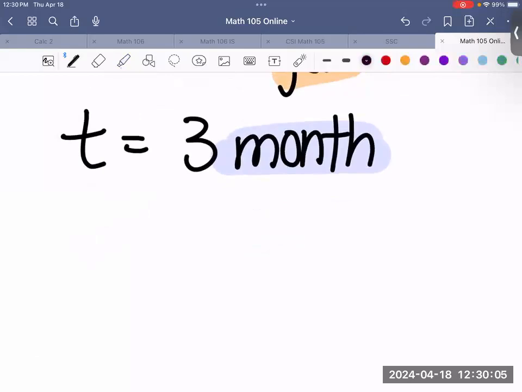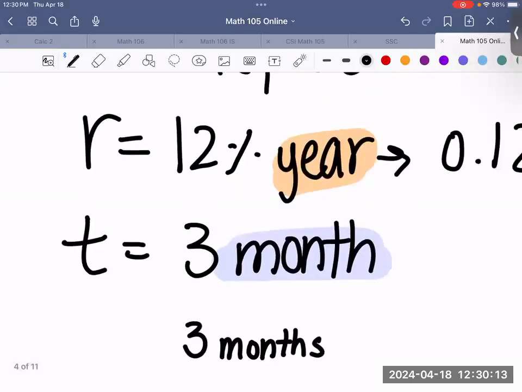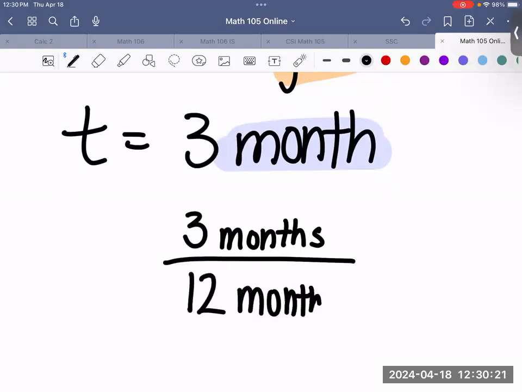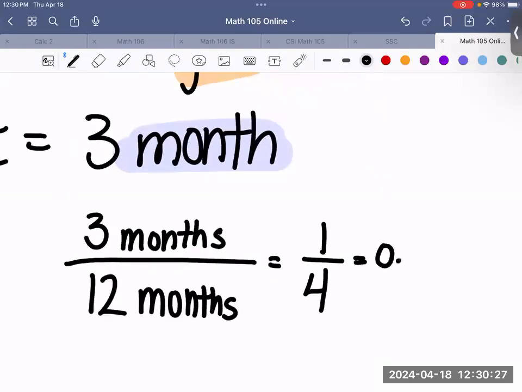So in our case, if we have 3 months and your rate is in years, right? We're going to say 3 months over 1 year has 12 months, which is 1/4 or 0.25.